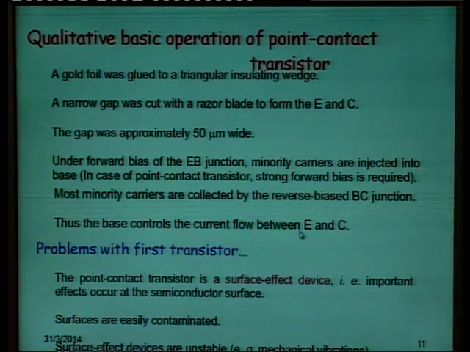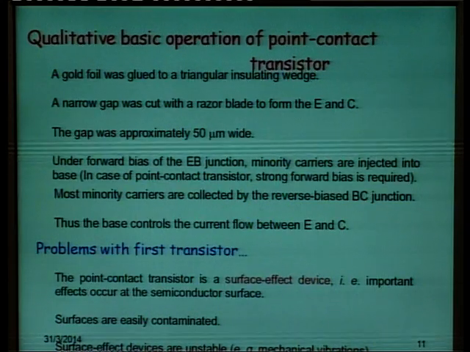A gold foil was glued to a triangular insulating wedge. A narrow gap was cut with a razor blade to form the emitter and the collector. The gap was approximately 50 micrometers wide. Under forward bias of the emitter base junction, minority carriers are injected into the base. Most minority carriers are collected by the reverse biased base collector junction.